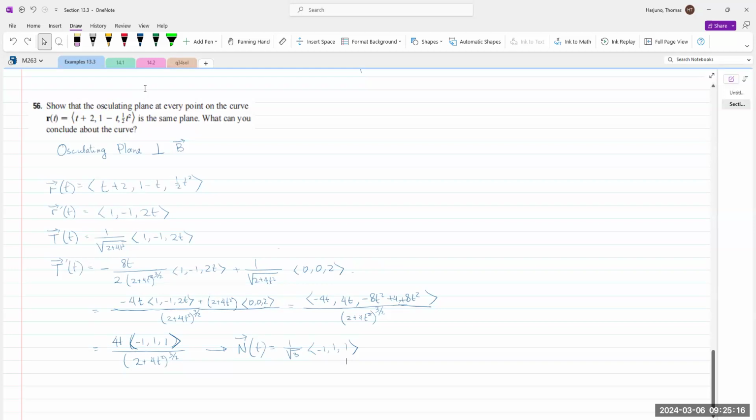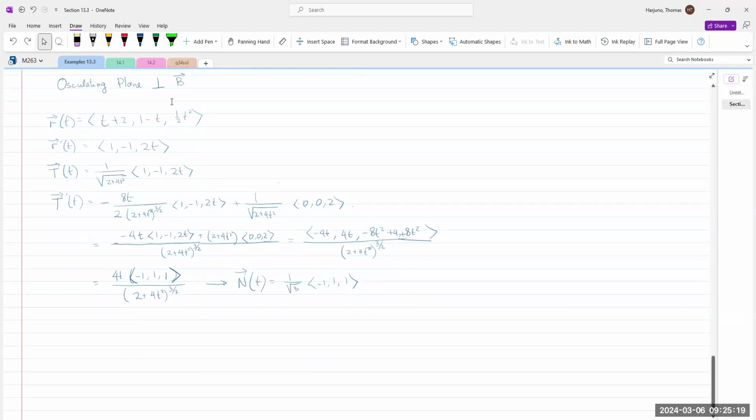Let's see. So T cross N at t equals the determinant of i, j, k of... you know what, I will play with the factors, with the common factor outside.